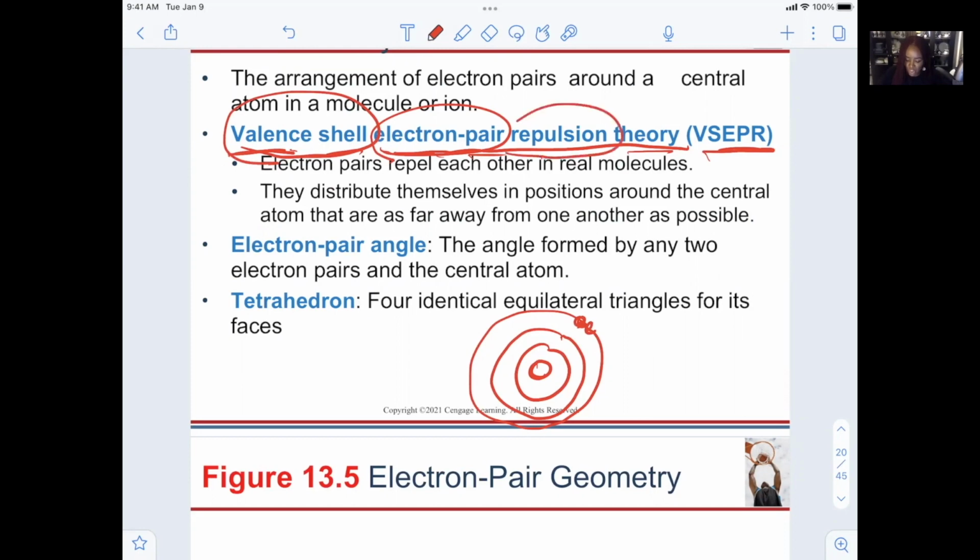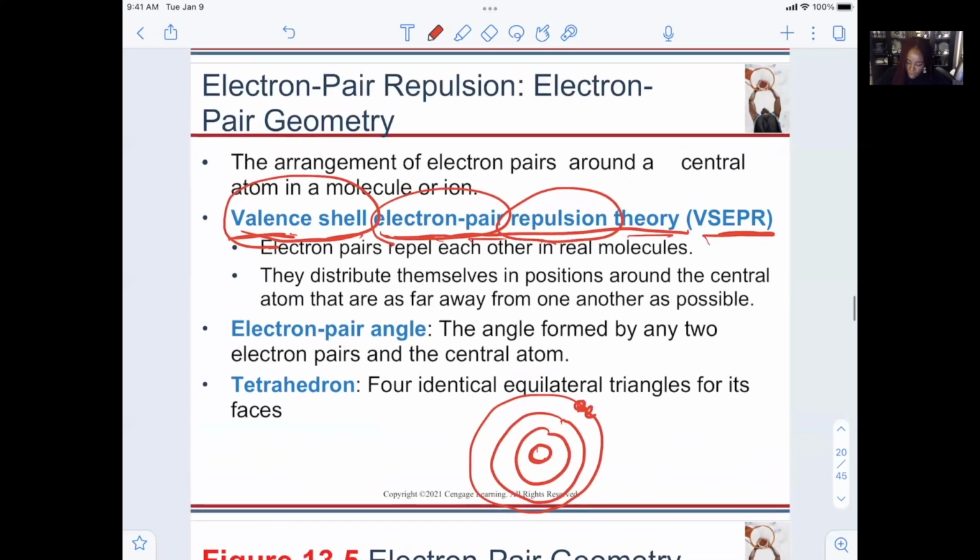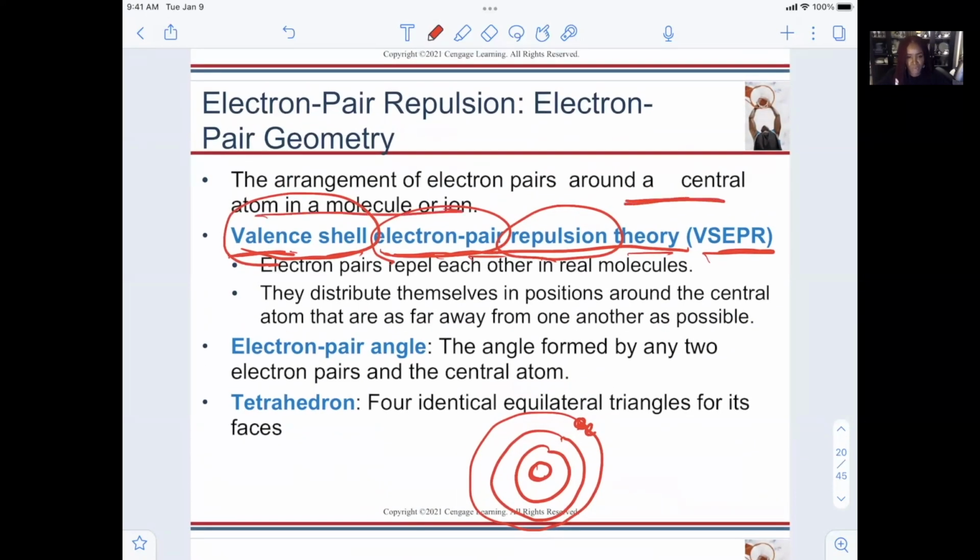They're repelling each other, okay? And so we see this happening around the central atom in the molecule. What we're going to be looking at from here until the end of the chapter is all about what's happening between these electron pairs that came from the valence energy level, and they're repelling each other, okay?